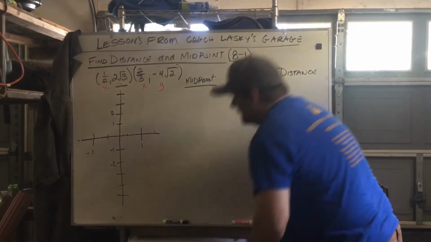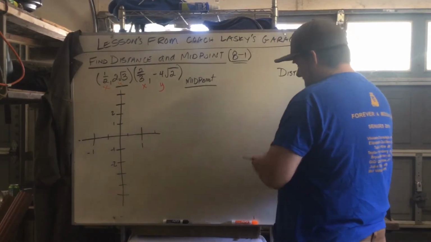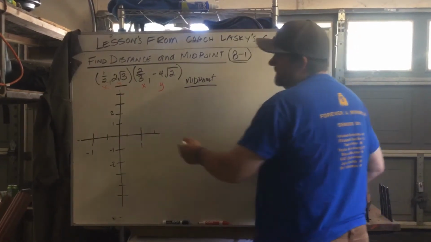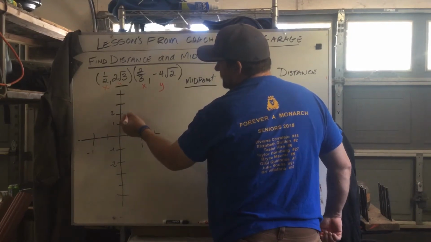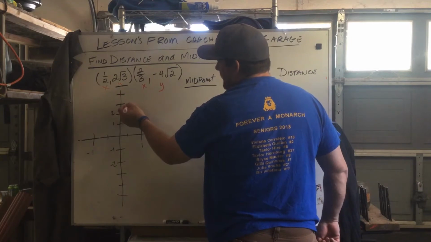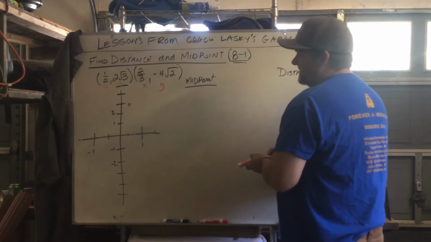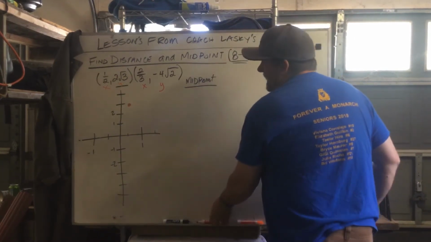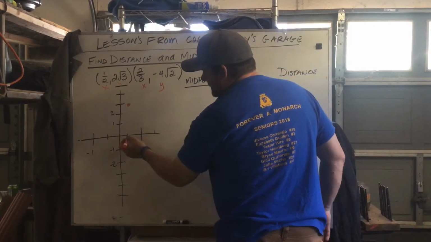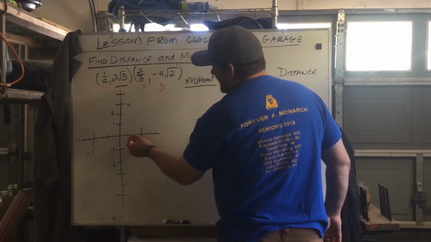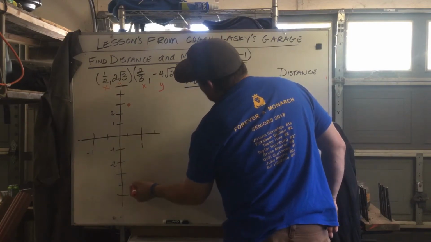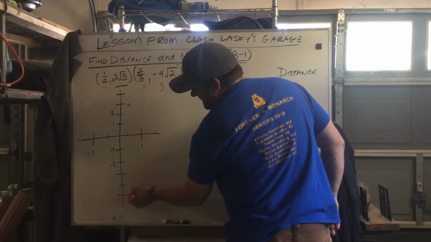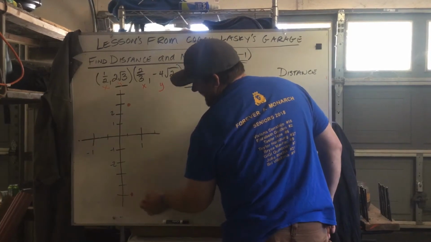We need to just plot these, and so I go over 1/2 and I go up to 2 times √3. It's probably going to put it approximately right here. Doesn't have to be perfect. And this one, we got to go over to 2/3, which is going to be right about here. And we got to go down to -4, which is down here. And then √2, it's probably going to be right around 5 there somewhere.